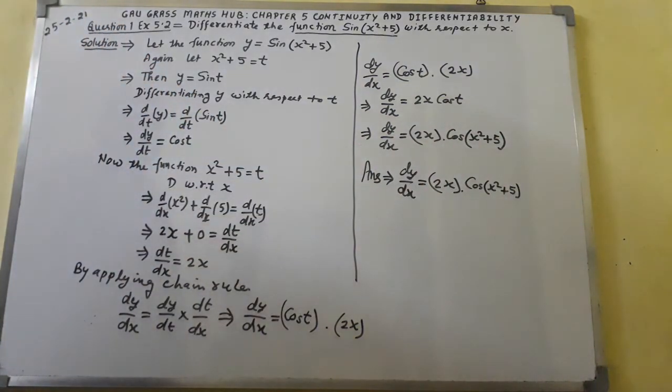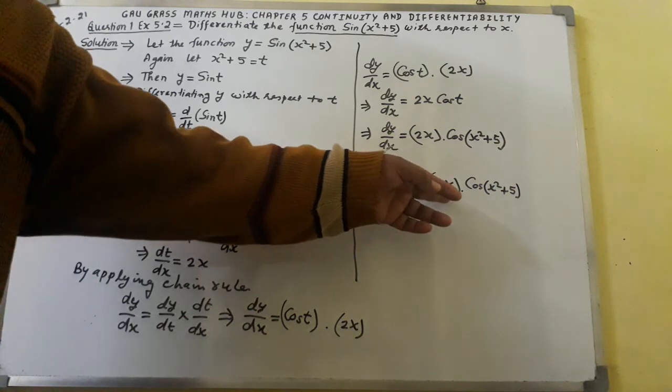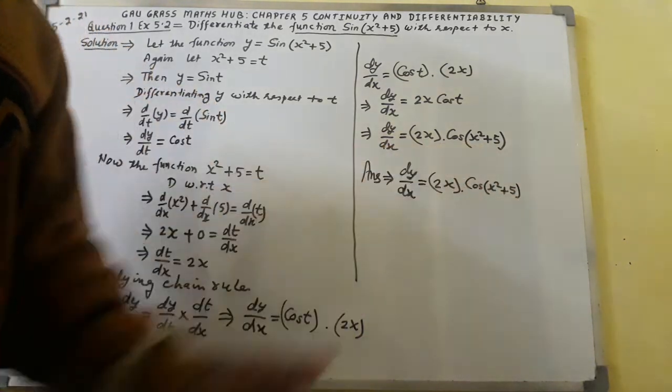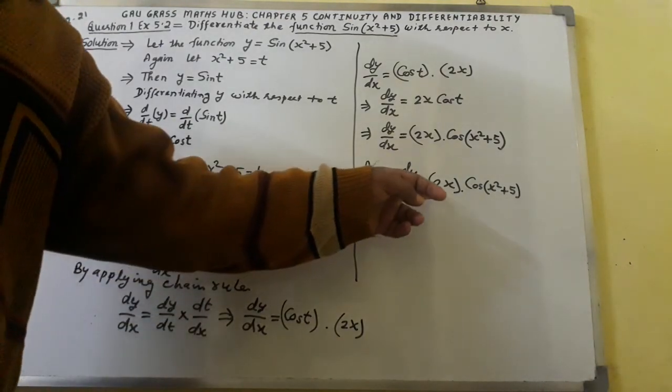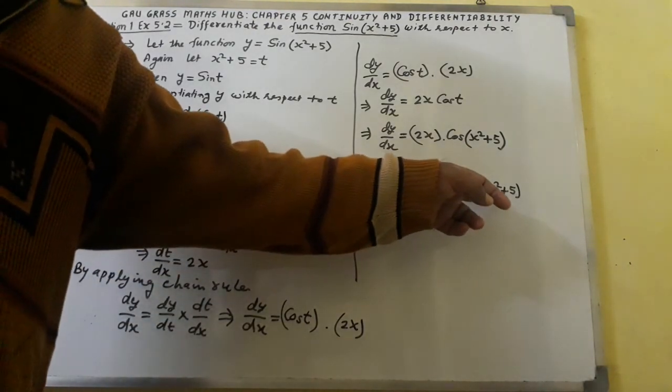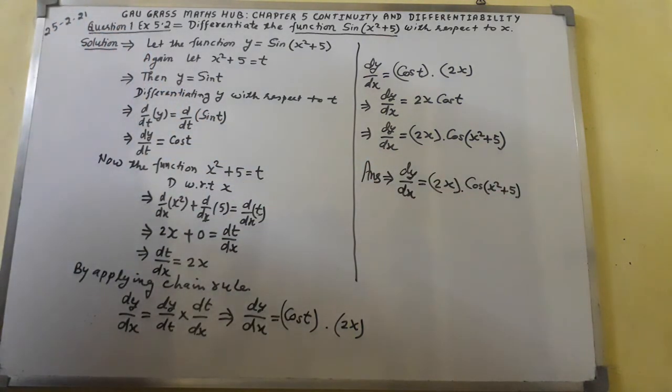So this will be the correct answer. You have got dy over dx equal to 2x dot cos(x square plus 5). This will be the correct answer.